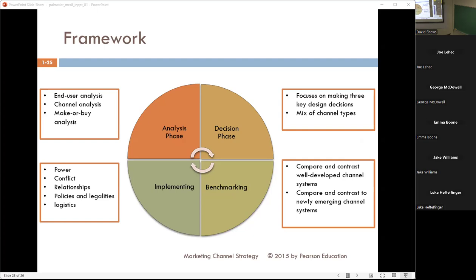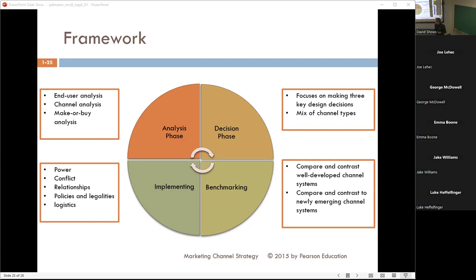We're going to be talking about end user analysis, make or buy analysis, and that's analyzing in the analysis phase. The next is we'll talk about 3 of the key decisions that you make in terms of intensity and selectivity, and then dual distribution.